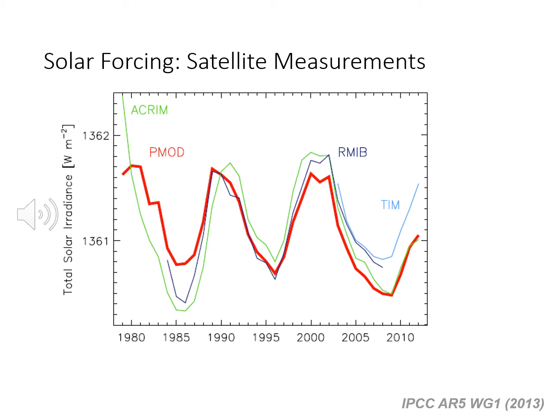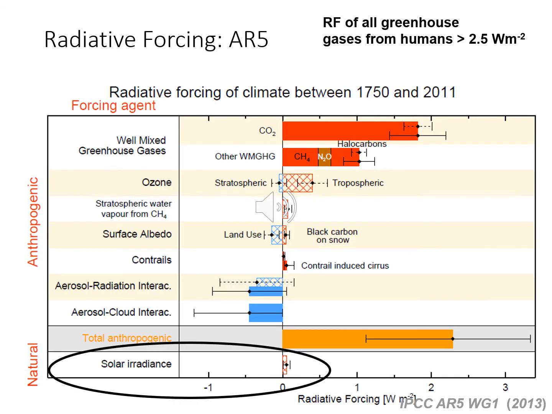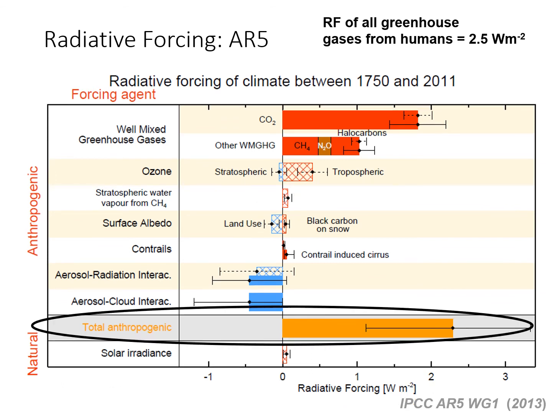These variations also have a radiative forcing, which is slightly positive over this time period. Here you can see the very slight positive radiative forcing of solar irradiance. Adding all of the forcings together, we find that the total radiative forcing is approximately 2.3 watts per meter squared.